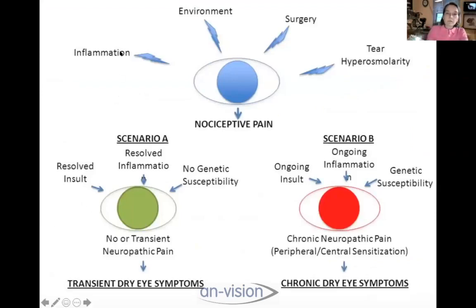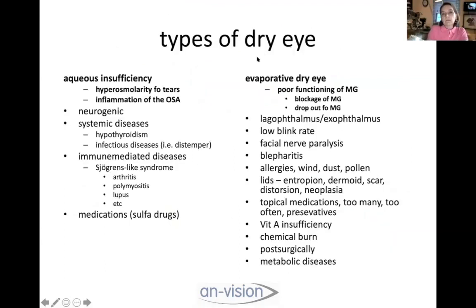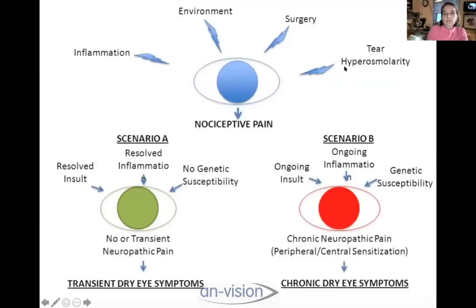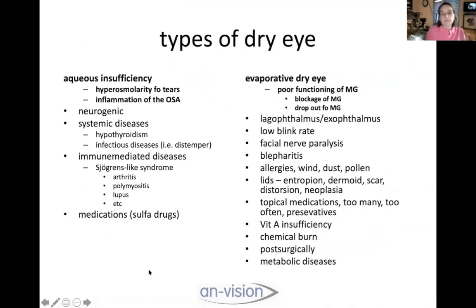A number of noxious stimuli, from inflammation, the environment, tear osmolarity, surgery, all of that could influence and cause nociceptive pain. And either this can all be resolved and you have transient dry eye symptoms, as we will see later in the cases, like after you have an ulcer.